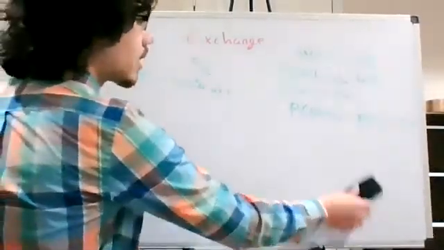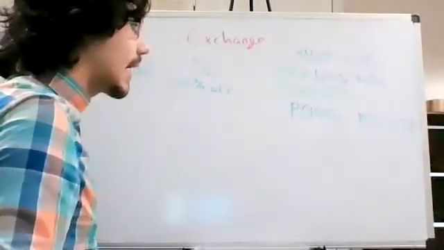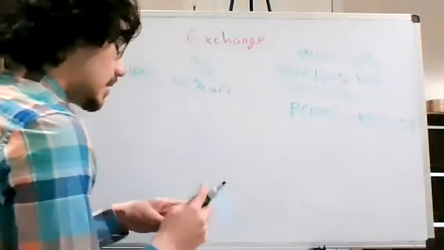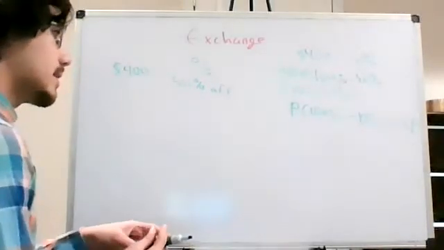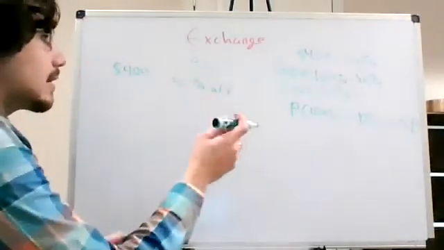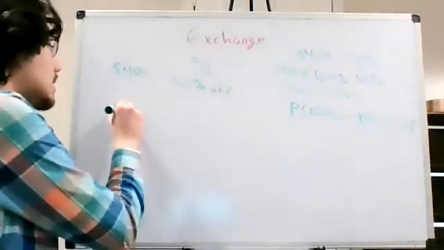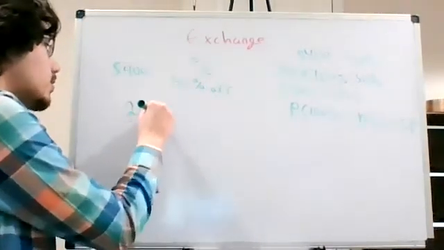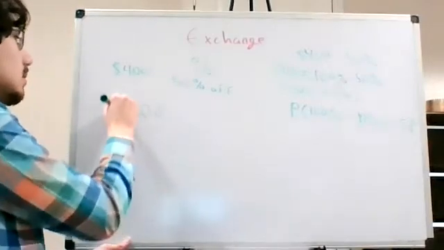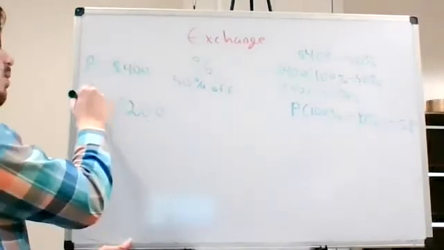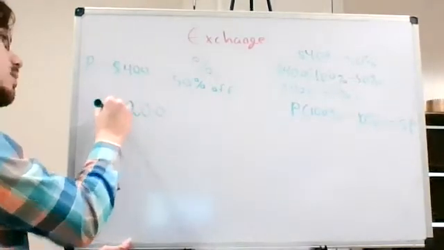Now, tax works in almost the exact same way as the discount. All the tax does is add to the percent. So when you get the sales price, that is when you add the tax. So our sales price is $200. We'll say our price equals that, and our sales price equals that.